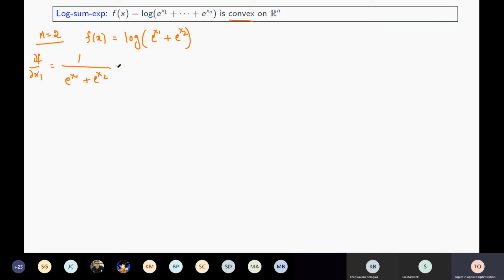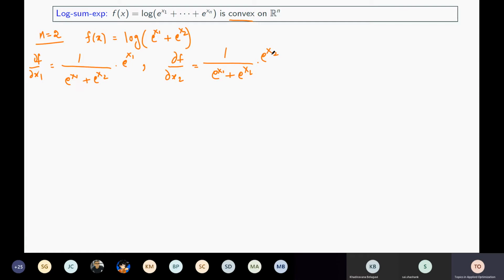So this is e to the x1, because we are taking the derivative with respect to x1. Similarly, we can take del f by del x2. By symmetry, it will also look like this: 1 divided by e^x1 plus e^x2 times e^x2.